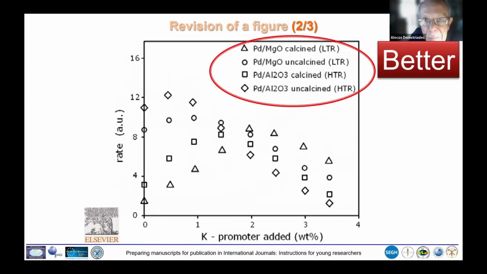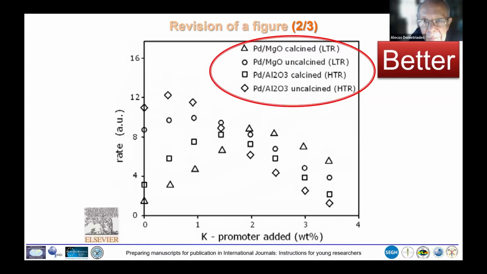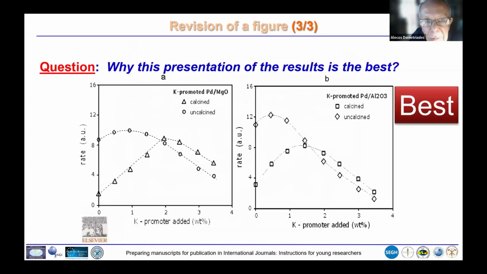This is slightly better because you explain, as you can see, what you are plotting. Now, this is even better because you have separated the 4 datasets into 2 separate diagrams, and they give you a clear picture of what you want to display.